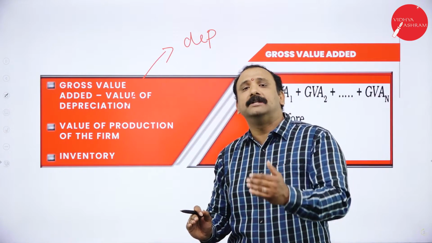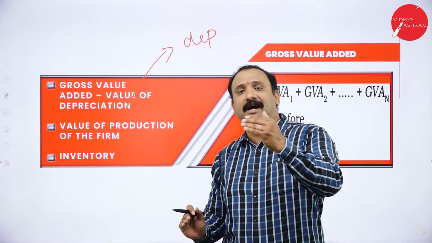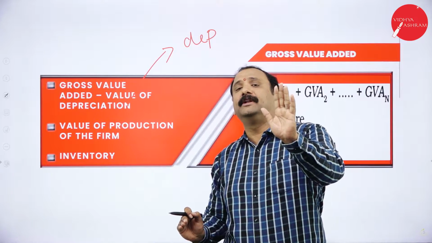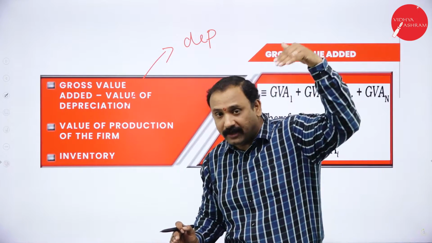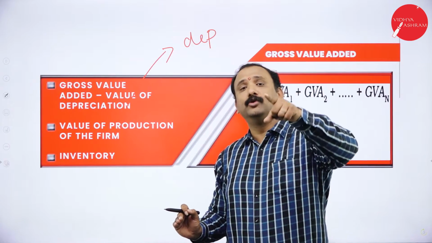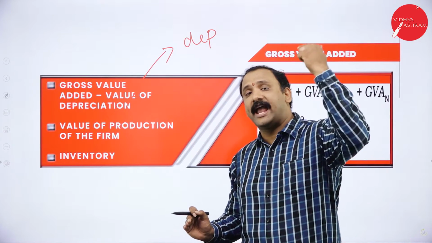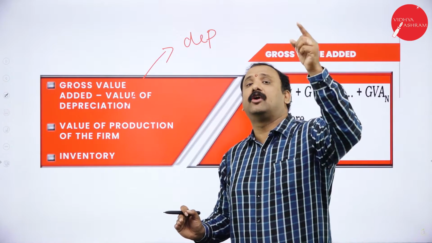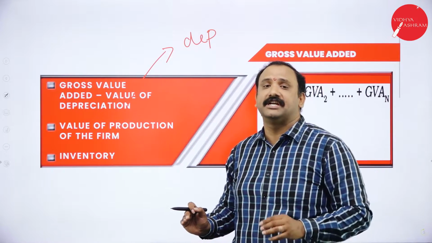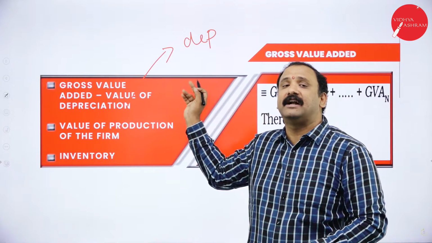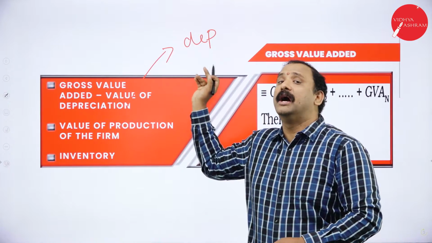So as you start manufacturing, the value of the product does not remain constant. It will come down. So when you do the gross value added, you also need to keep in mind the concept of depreciation. How much will the product value come down? So the depreciation factor has to be taken into account.